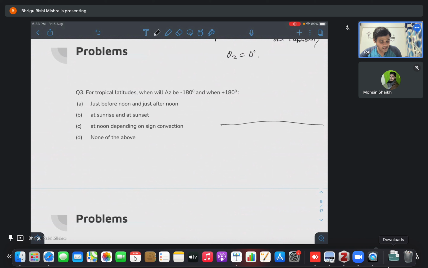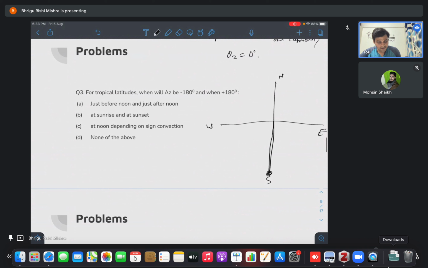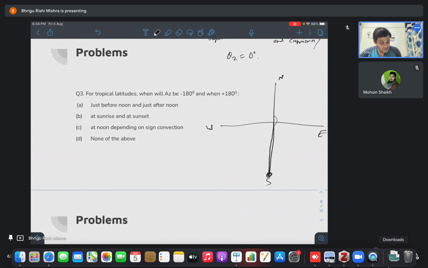If I draw the diagram again, this is north, south, east, west. At zenith, that is for tropical latitudes, the sun will be somewhere here, just before noon.